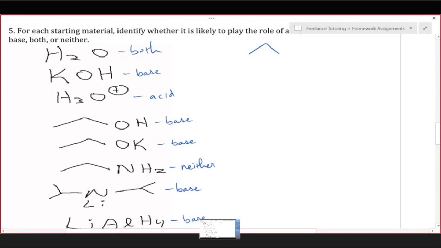Is that a base? Yeah, I guess it could be. Okay, really it's not. So this is something we might have forgotten. Remember that the best sign of a base is a negative formal charge. But if there's no negative formal charge, what else can you look for?